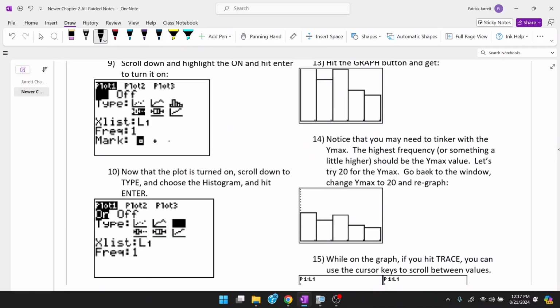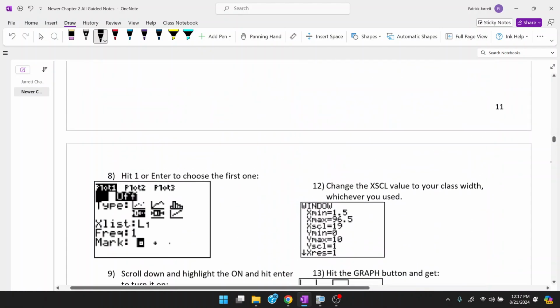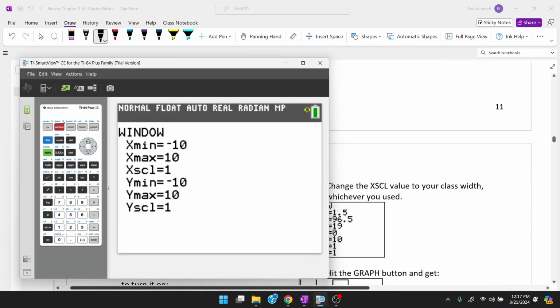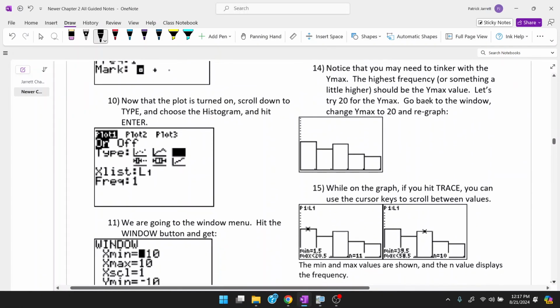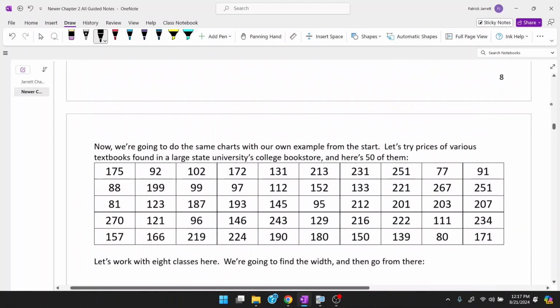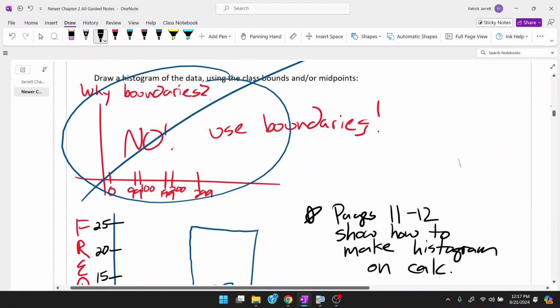So if you look at particularly step 12, we are going to go to the window value. Now, in fact, here's what I'm going to do. Yeah, perfect.